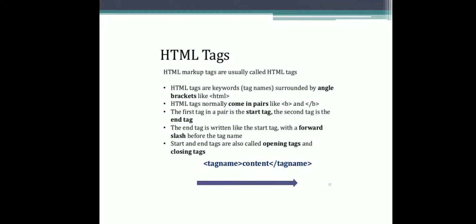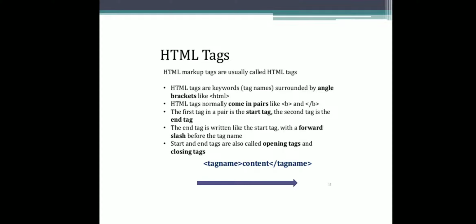The markup is usually called HTML tags. The first point: HTML tags are keywords surrounded by angle brackets, as shown here. Next, HTML tags come in pairs like B and slash B. B is nothing but bold. The first tag of a pair is called the starting tag and the second tag is called the end tag.